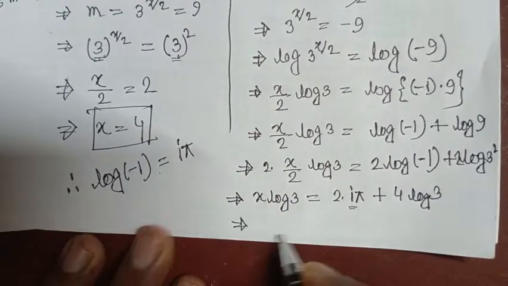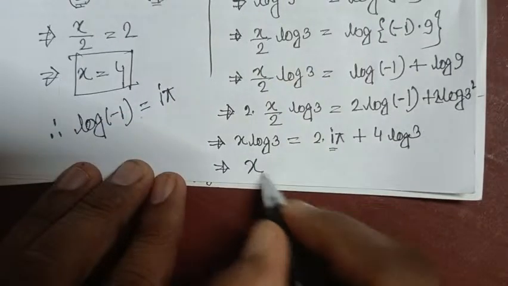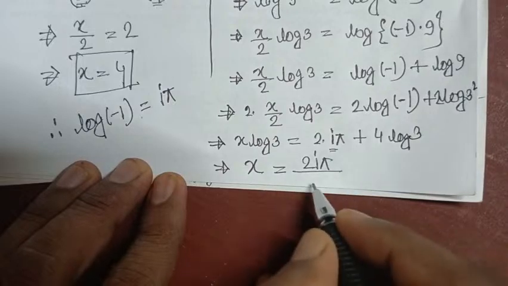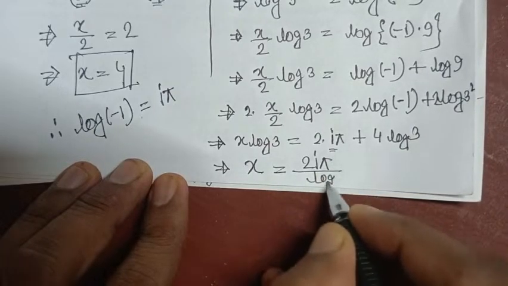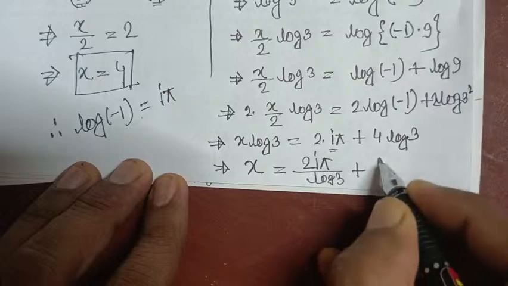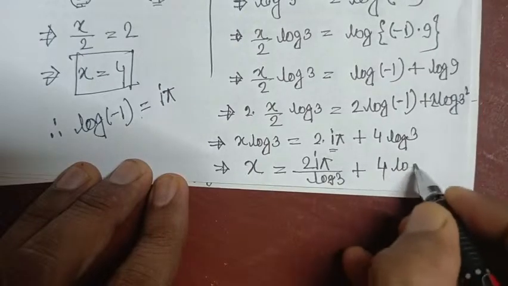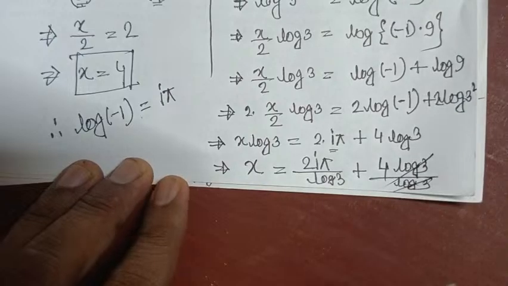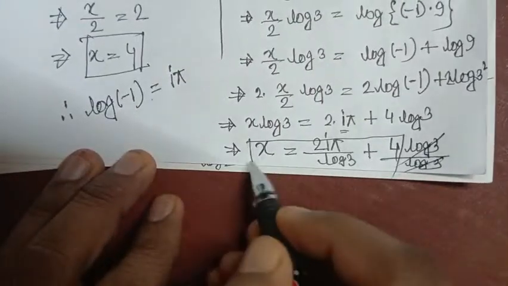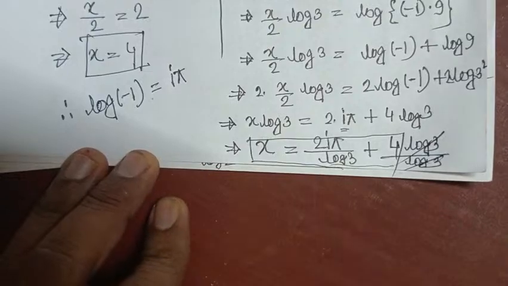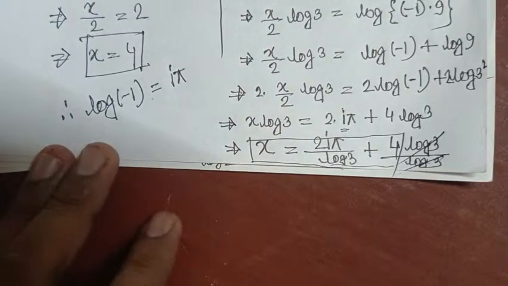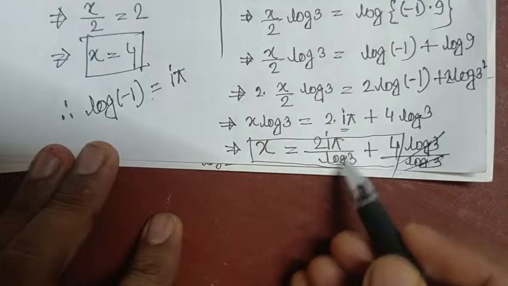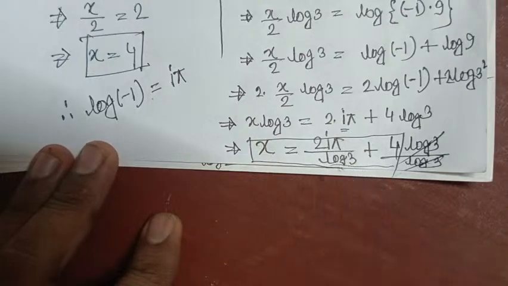Now we get the value of x: x is equal to 2 pi i by log 3 plus 4 log 3 by log 3, and again that would cancel out and it will be the result. So hence we get two solutions of x. One is x is equal to 4 and another is 2 pi i by log 3 plus 4.